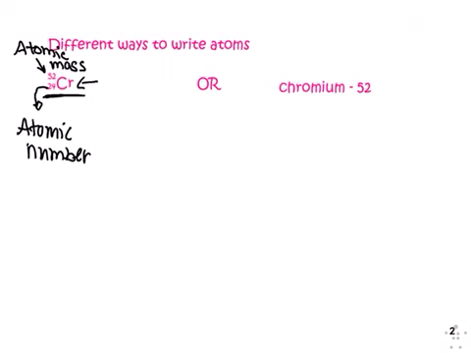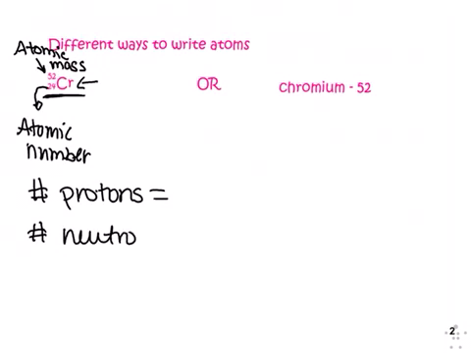From here, you should be able to figure out the number of protons, the number of neutrons, and since we're dealing with atoms, you should be able to figure out the number of electrons.